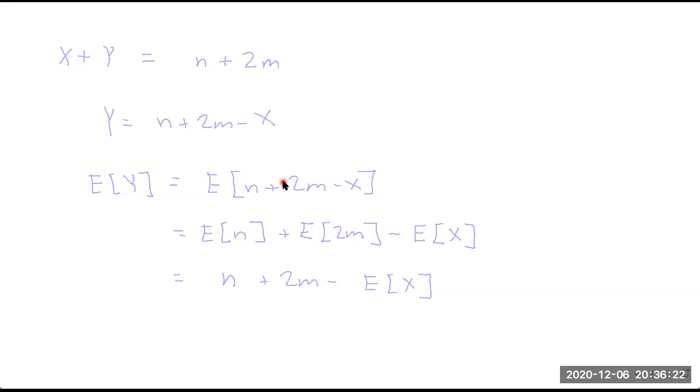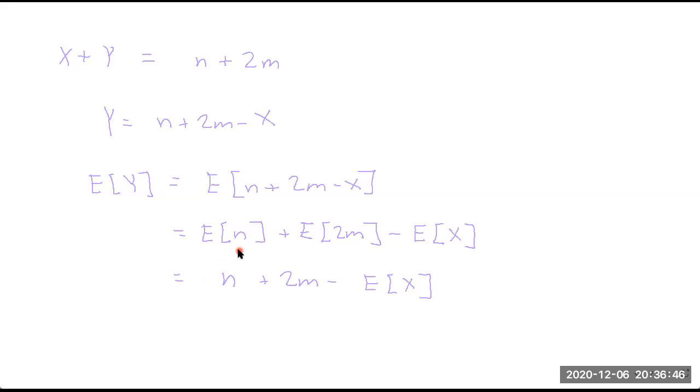We're going to use the properties of the expectation, which is linear, so we can split this up into 3 parts. So the expected value of n plus the expected value of 2m minus the expected value of x. n and 2m are just constants, so we can just replace that with a pure constant.